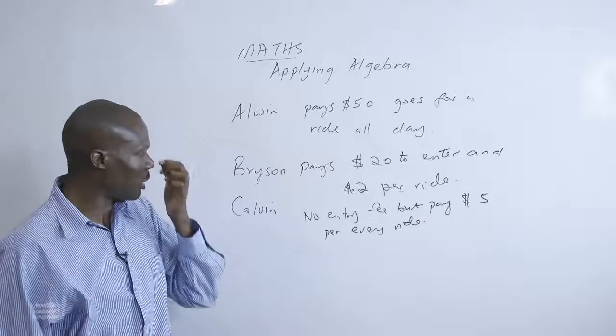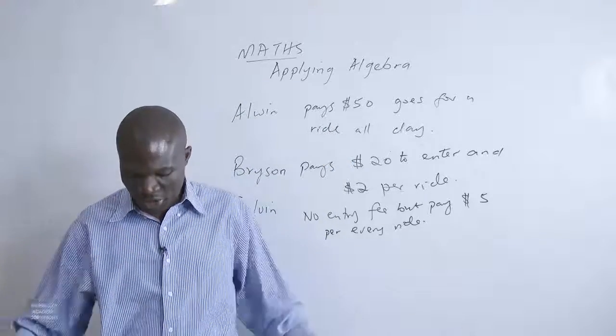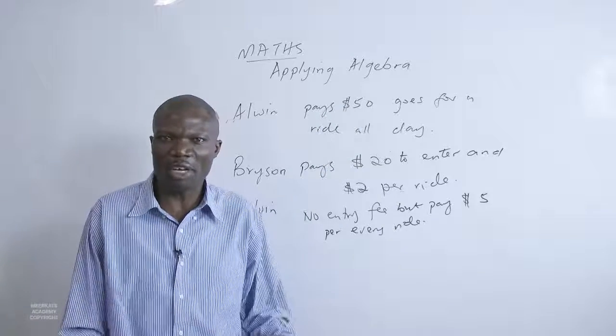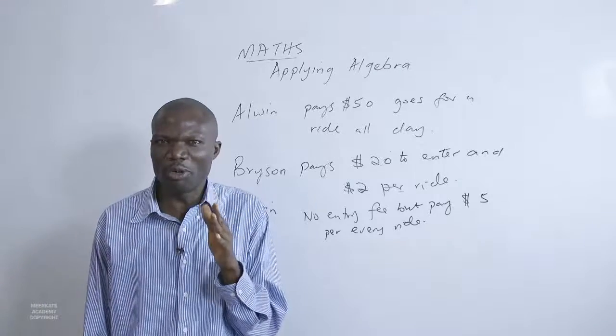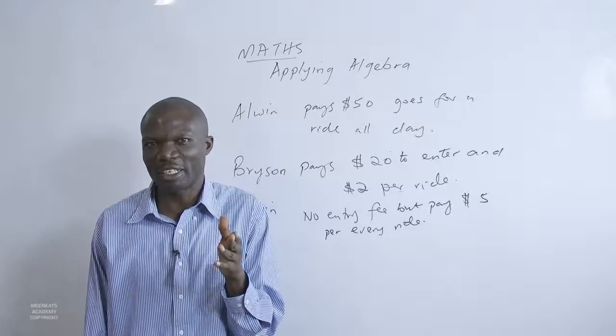Now, when you look here, you'll notice that all of them will go into the park, enjoy the ride, and walk back home. They are all happy. But the question now is, who pays the least and who pays the most?